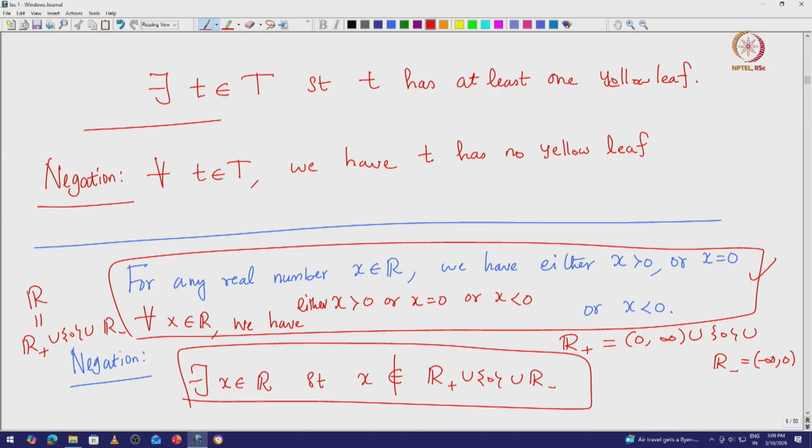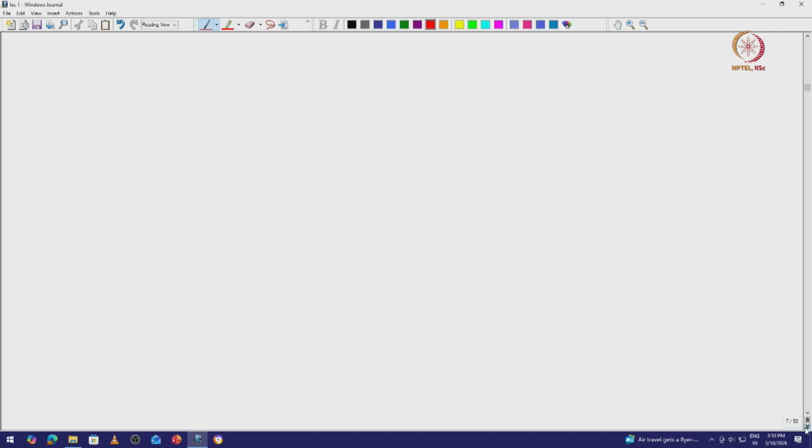So, similarly, I would suggest you practice more on negating plain English first, and then later you can start rewriting the plain English using mathematical quantifiers and symbols.